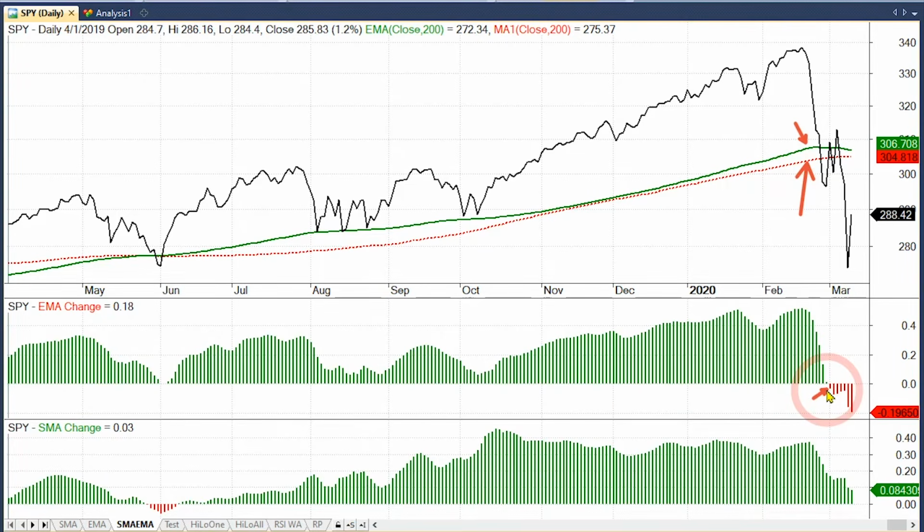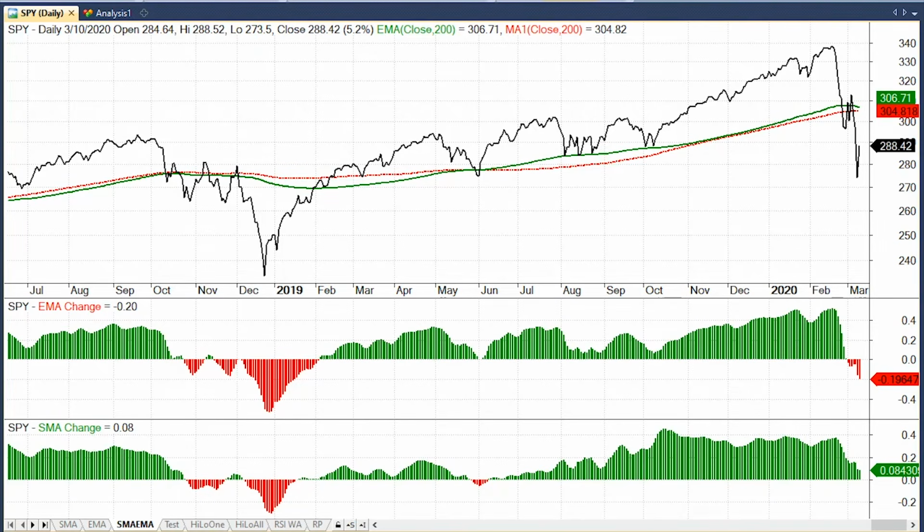The rate of change was negative on March 1st there, the first trading day of March, whereas the 200-day SMA is still rising here, but you can see that rise is less steep, but is yet to actually turn down. But I think that downturn in the 200-day EMA is another negative sign for the stock market.